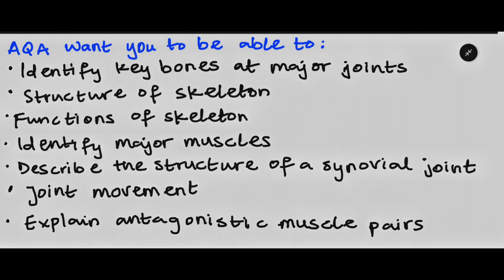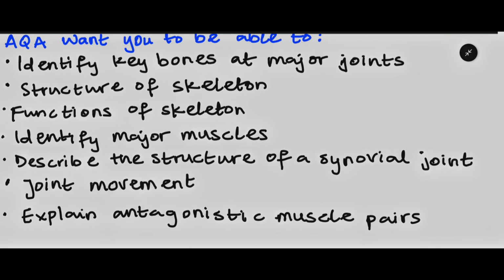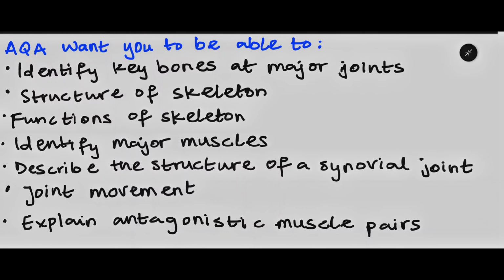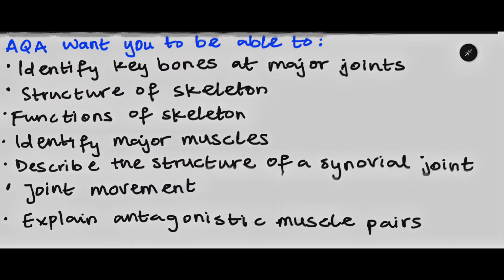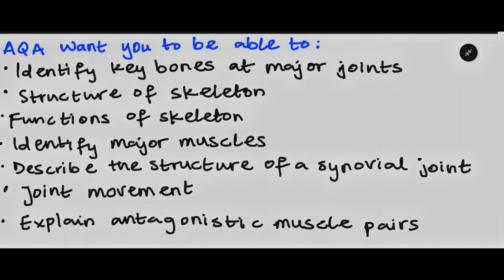What you really want to be able to do by the end of this video is to identify key bones at the major joints in the body, explain the structure of the skeleton and how it helps with movement, explain the different functions of the skeleton and be able to apply them to sports, identify the major muscles in the body, explain the role of tendons, describe the structure of a synovial joint and how it prevents injury, link joint type to movement, and be able to explain antagonistic muscle pairs and the different types of contractions as well.